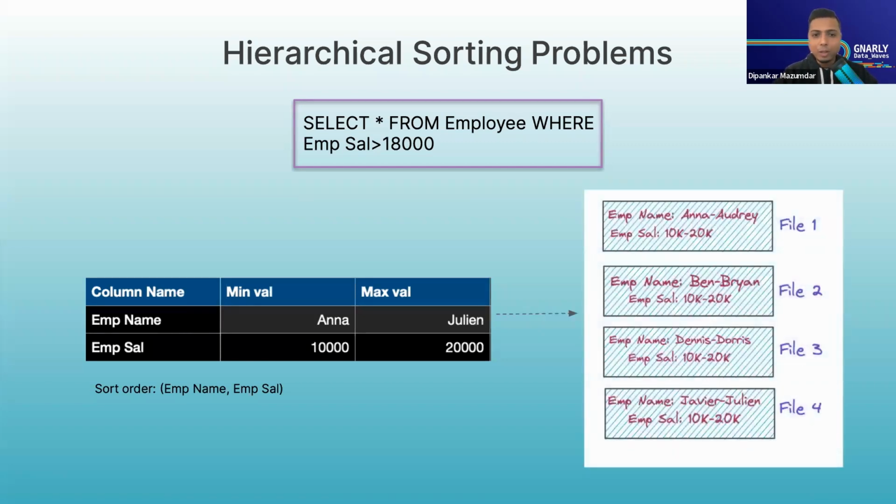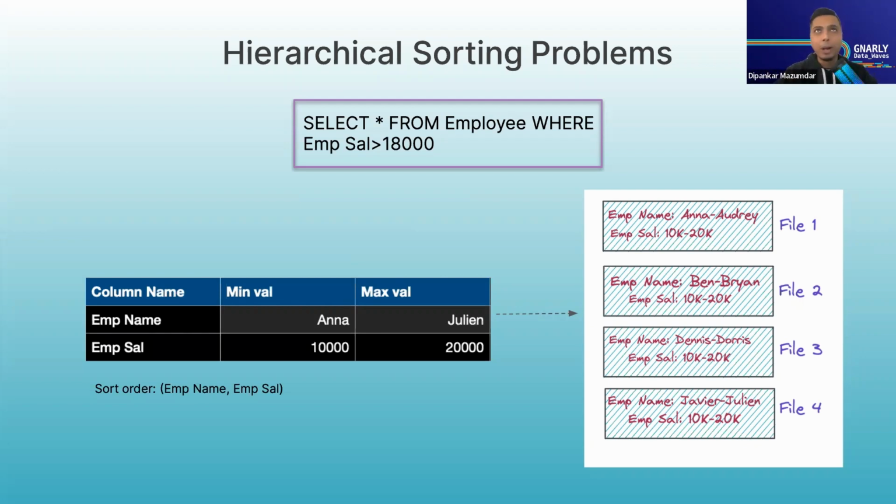The first file contains all the employee names in the A range and employee salary in 10 to 20K. Similarly, the second file has the employee names in the B range and employee sal of 10 to 20K, and so on. This is because the engine first sorts the data by employee name and then scatters the rest of the data for the other column based on that employee name column. That's why you see the employee name being sorted and employee salary staying constant.